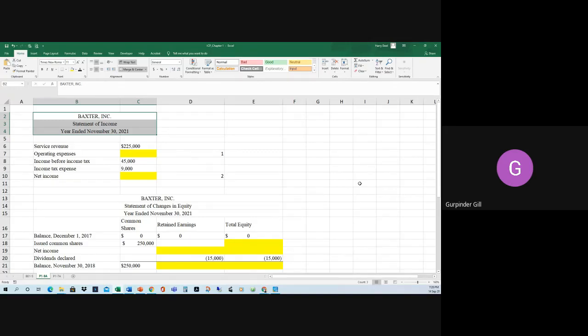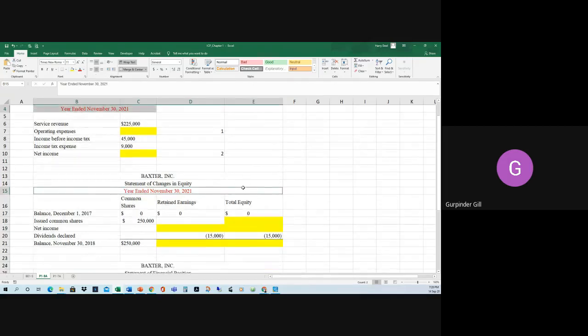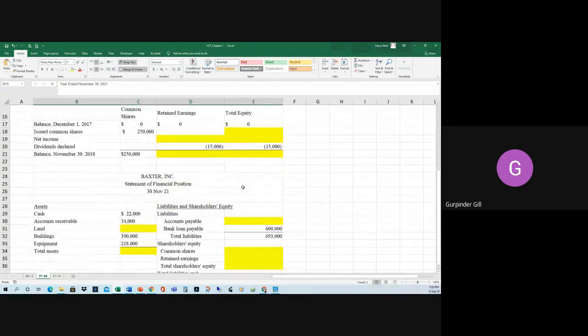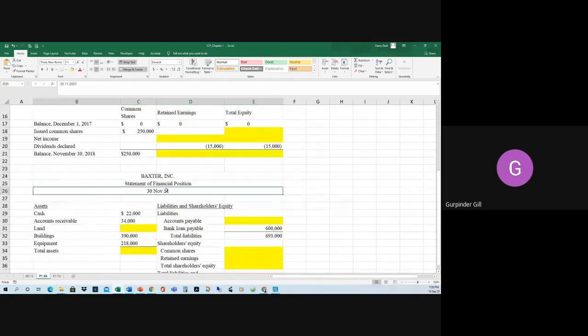We are only talking about 3 right now. Your statement of income, your statement of changes in equity. If you look at the dates, the way the date is reflected is the same. But if you look at the statement of financial position, the date is listed in a different fashion.